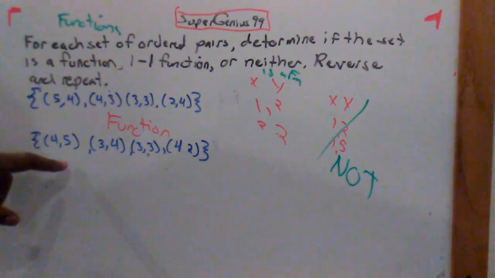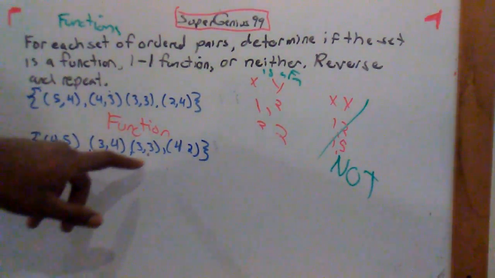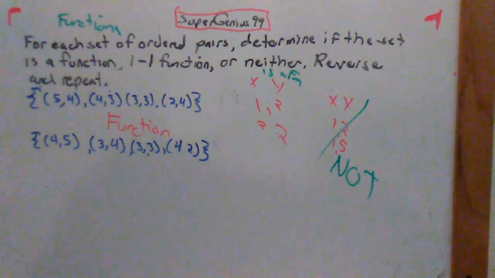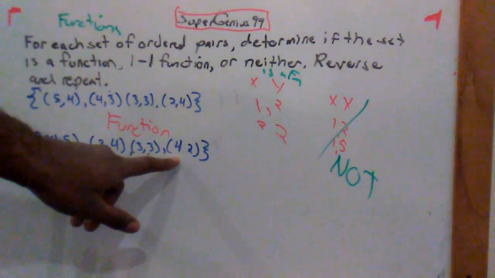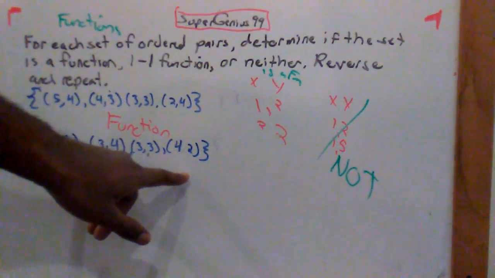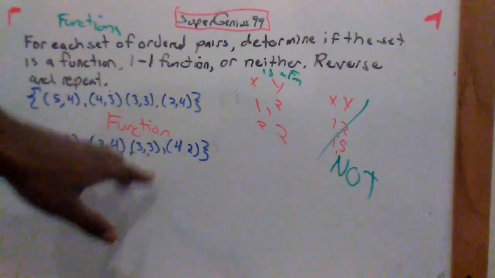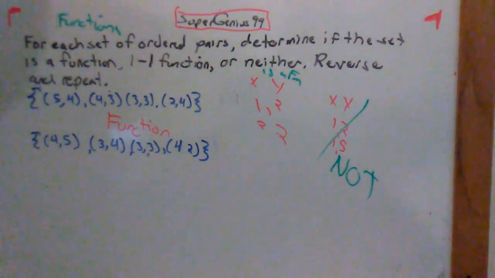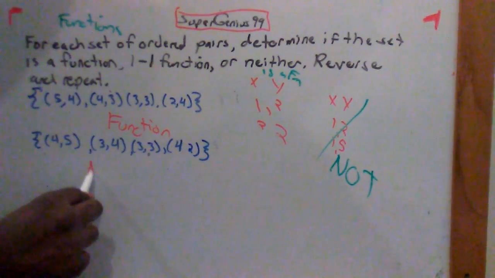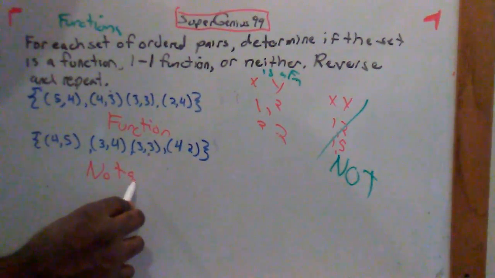Let's go through and see. 4, 3, 3, 4. So here your x values repeat and you have different y's, and then here your x values repeat, you have different y's. So this is clearly not a function.